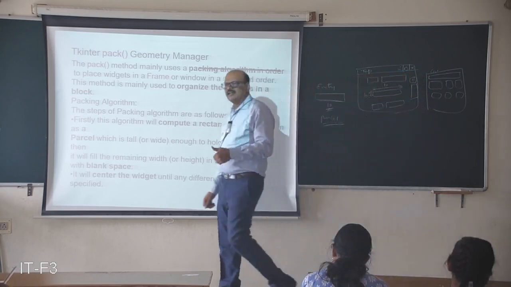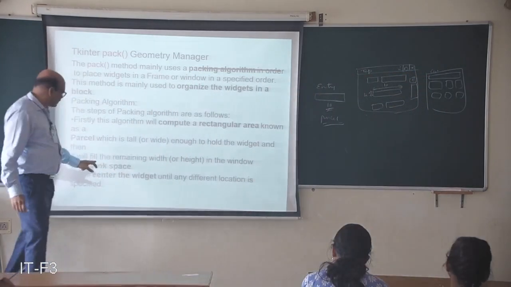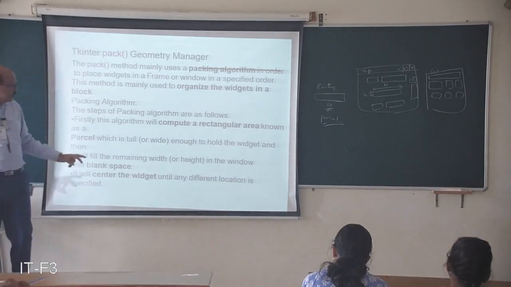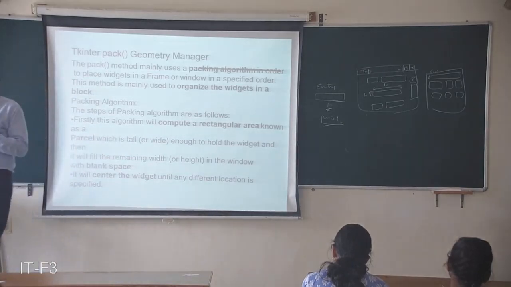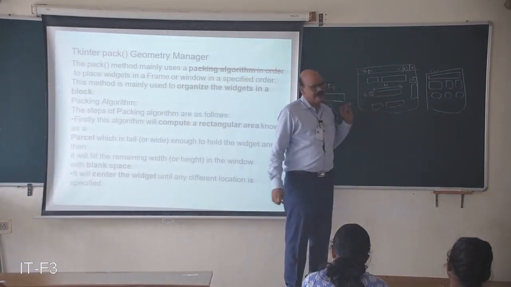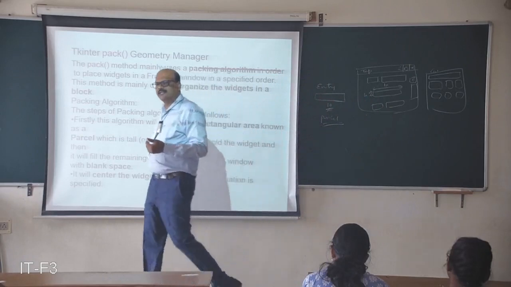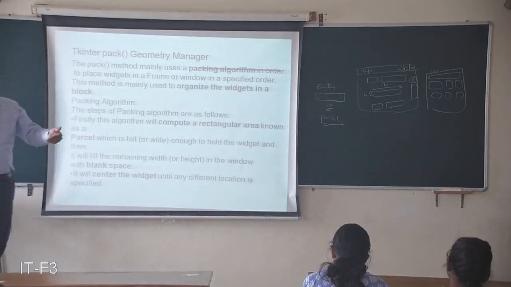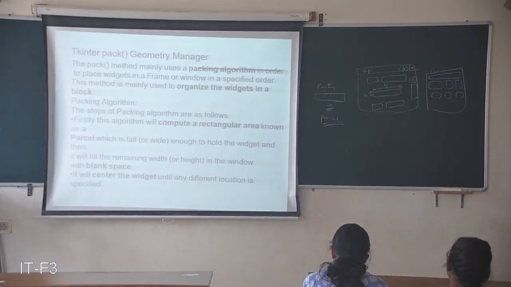That calculation will be made by the parcel. The parcel method decides how much space is required by a widget in terms of breadth and height. That space required by a widget to be placed on a GUI container is known as the parcel.